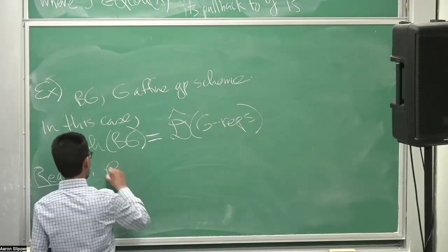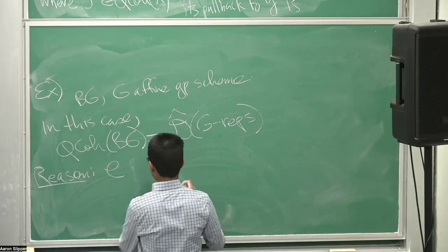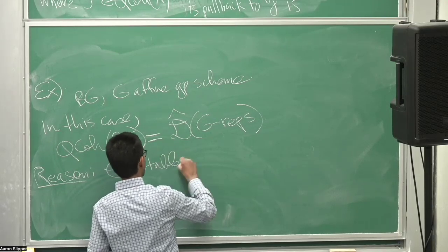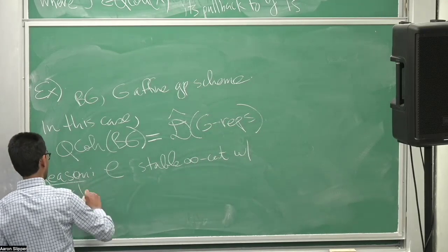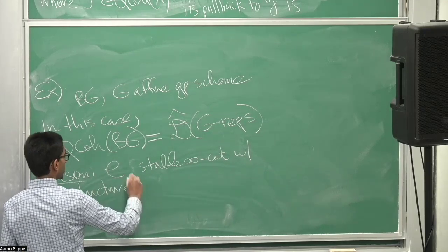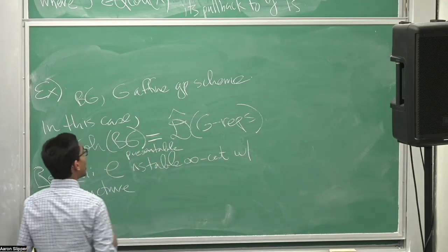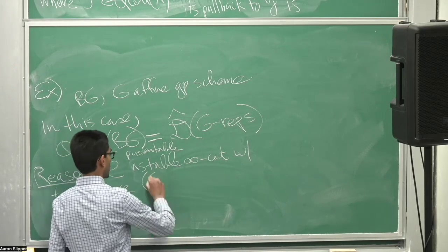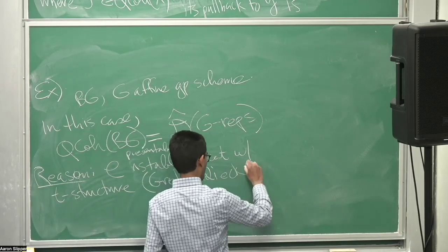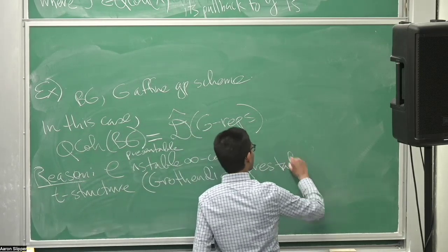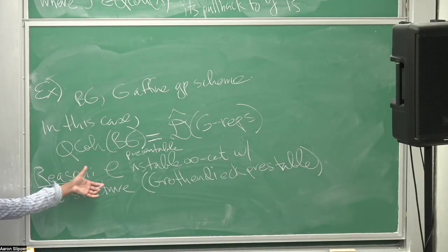So if C is, let's say, a presentable stable infinity category with a t-structure, let's say the t-structure is compatible with colimits, so that means it's right complete, we call this right complete.